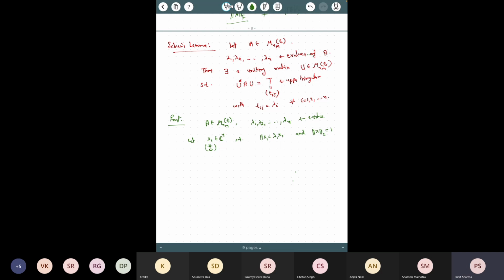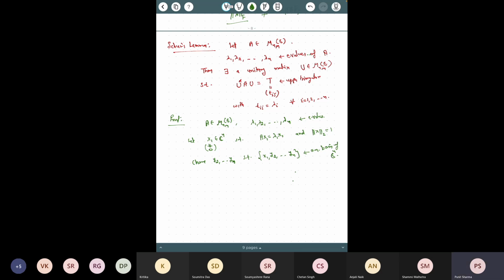And then what I can do here, I will choose y2, y3 and so on up to yn such that x1, y2 and so on up to yn form an orthonormal basis of Cn. Can you tell me why this is possible? Can I always do this?